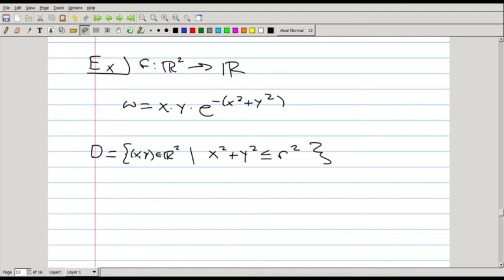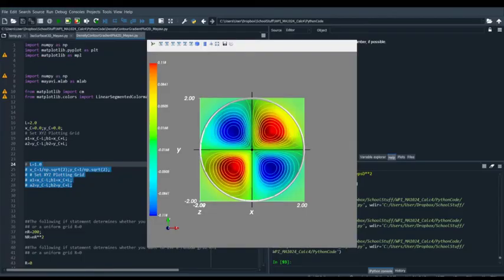You can directly show what it's going to be even without a plotting program, but I want to show the level curves of this to give you an example of this theorem. So here we see a plot of the function x times y times e to the negative (x squared plus y squared), and I plotted it over a rectangular grid.